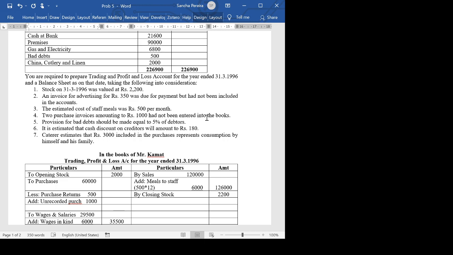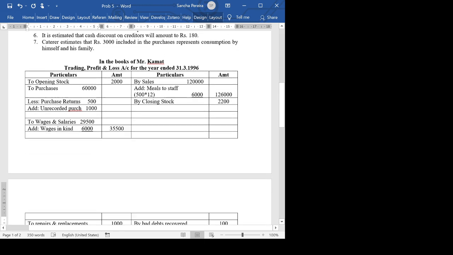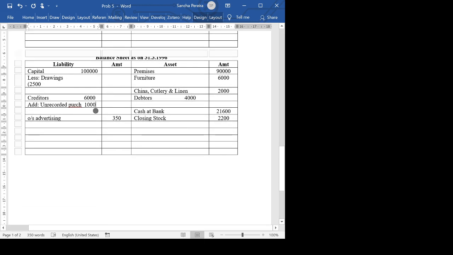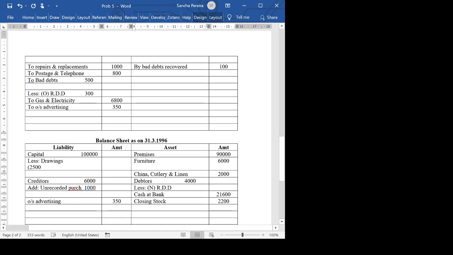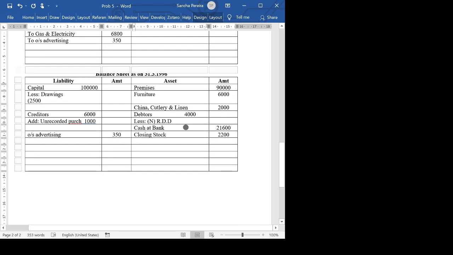They can be equal, they may not be equal, but both of them put together comes to 1,000. Provision for bad debts should be made equal to 5% of debtors. So 5% of debtors, this is the new RDD, less new RDD. 5% of debtors would be, the debtors are 4,000, so 200. That comes to 3,800.